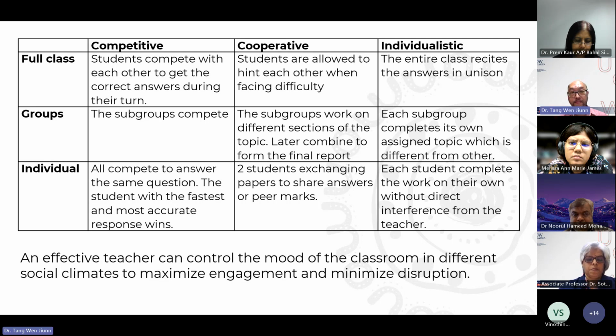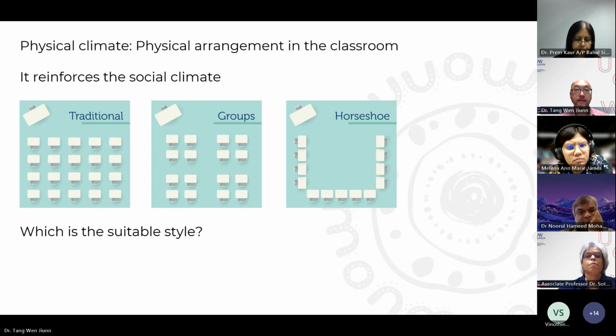When we can have these different climates changing effectively, then we can maximize the students' engagement. They don't feel bored, and we will also minimize disruptions. So that's the social climate.